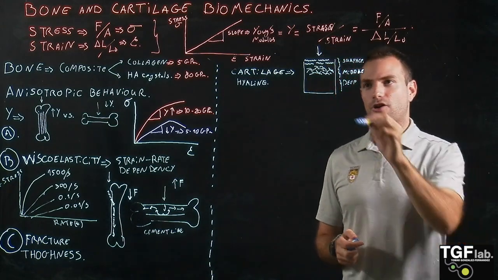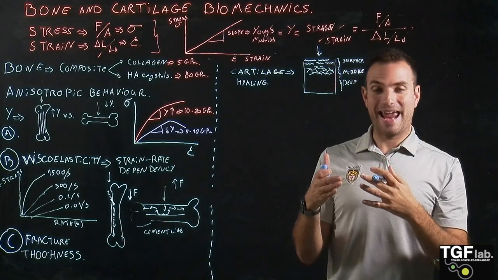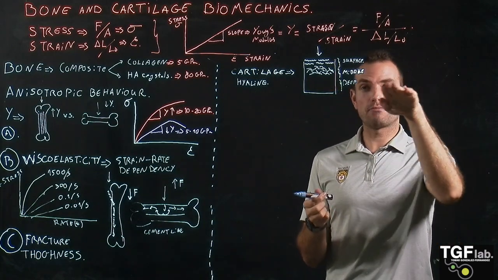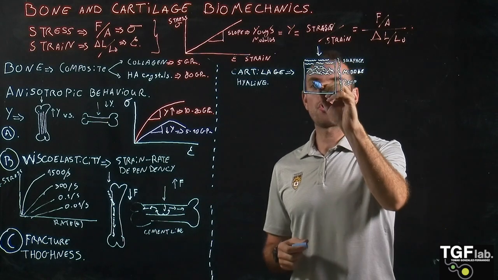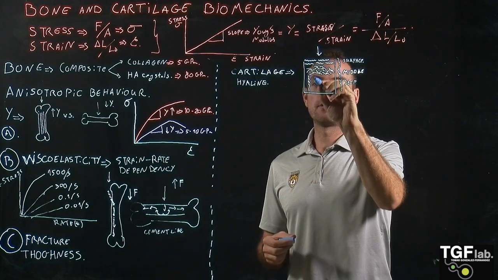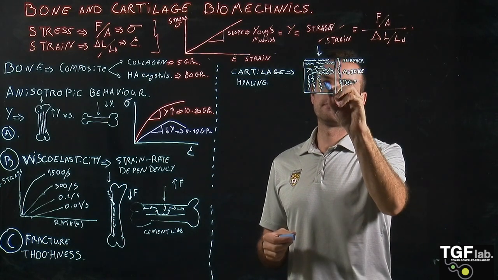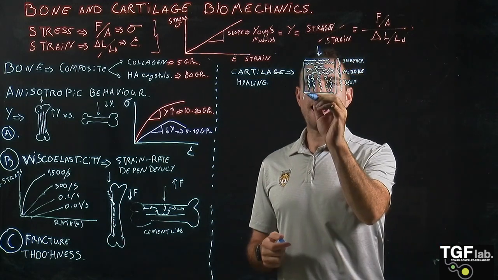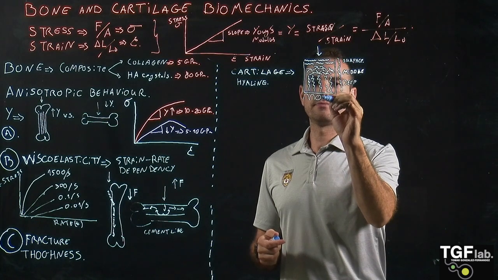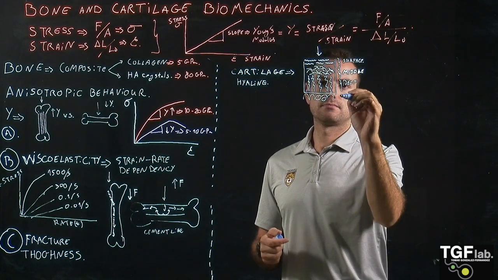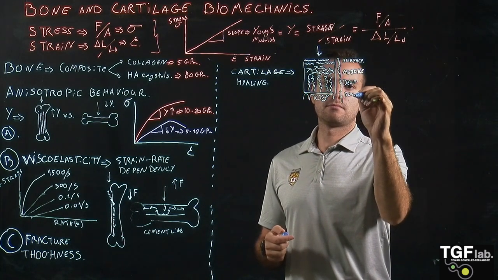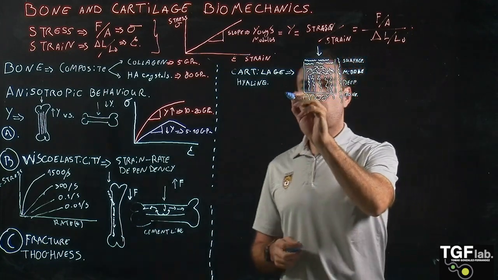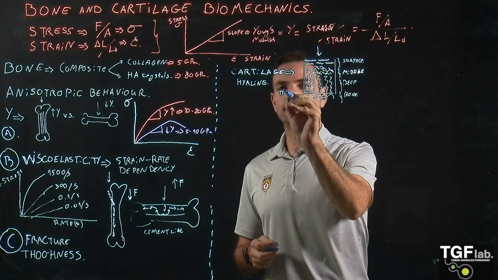In the deep layer, we are going to have, again, the collagen fibers aligned, but instead of being aligned in this direction, parallel to the surface, they are going to be aligned perpendicular to the surface. Okay, and finally, here we have the subchondral bone. And between the cartilage and the subchondral bone, we also have the tide line.